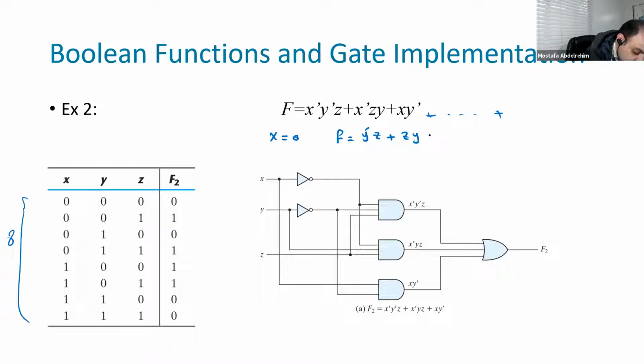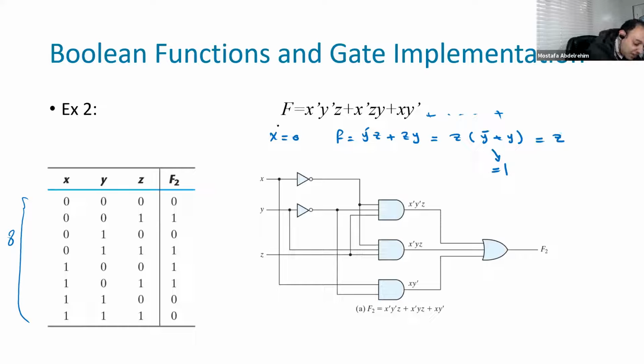So you have y bar z plus z y, and then we can take z as a common factor. Remember the distributive property. This will give us y bar plus y, and if you remember, y bar plus y is equal to 1 all the time. This was one of the theorems, one of the axioms. The result is 1, so this will be equal to z.